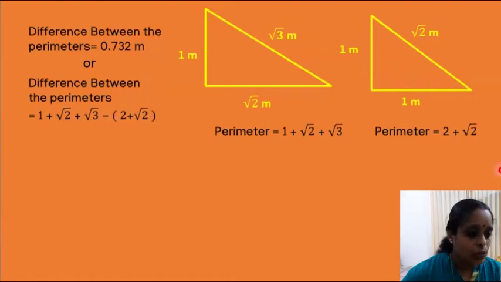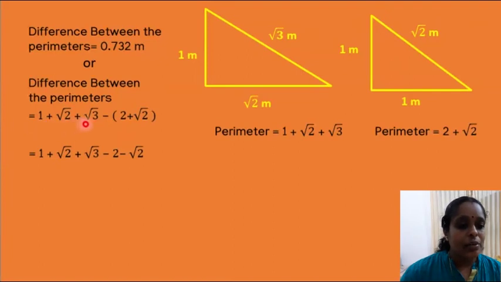Then this is equal to 1 plus root 2 plus root 3 minus, here minus multiplication is carrying on, that is minus plus 2, that is minus 2, and minus plus root 2, that is minus root 2. Here you can see plus root 2 is here and minus root 2 is here. So we can cancel plus root 2 and minus root 2. And 1 minus 2 is minus 1.